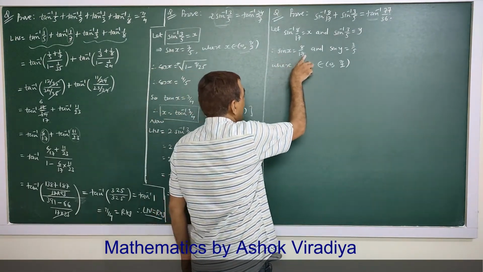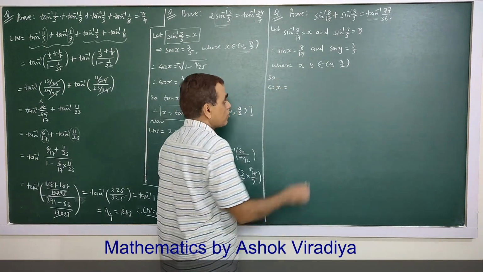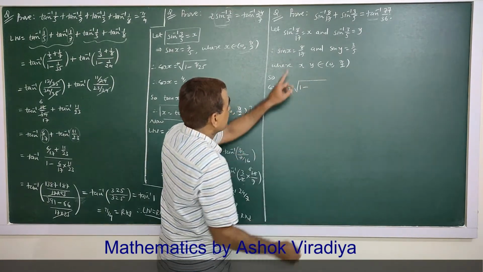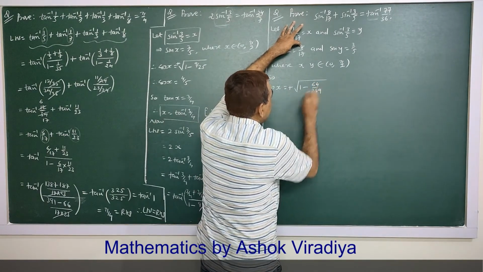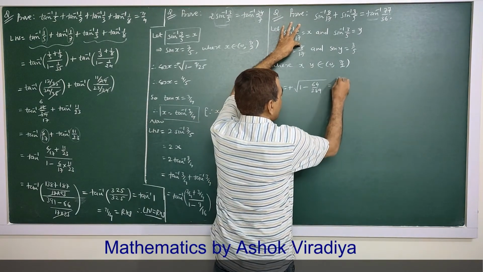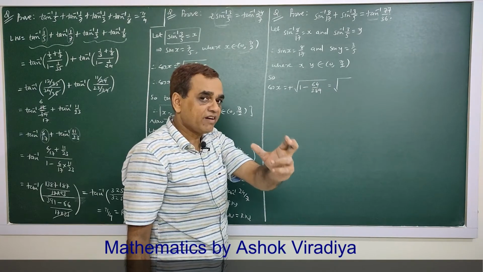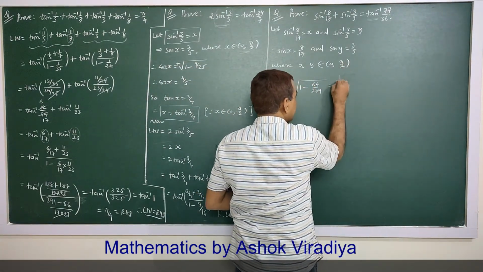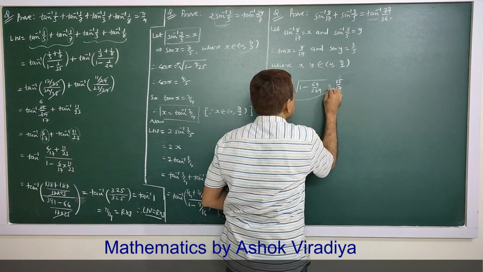Now sin is obtained, so cos x is positive square root of 1 minus sin square x, that is 64 upon 289. It is equal to square root of 289 minus 64, which is 225, 225 by 289, that is 15 by 17. This will be cos x.